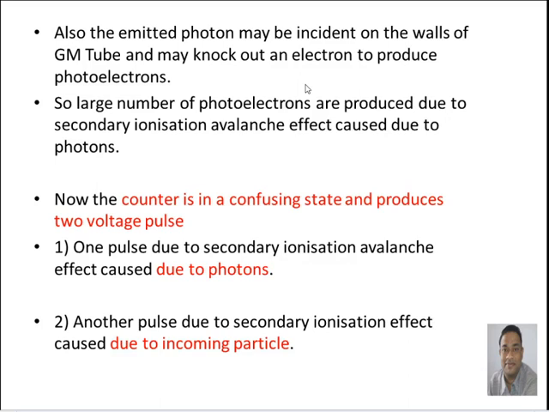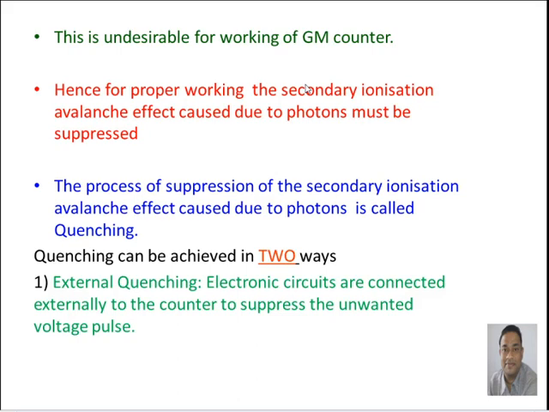One pulse is produced due to the secondary ionization avalanche effect caused by the photons, and another pulse is produced due to the secondary ionization effect caused by the incoming particles. This is undesirable for the working of the GM counter.